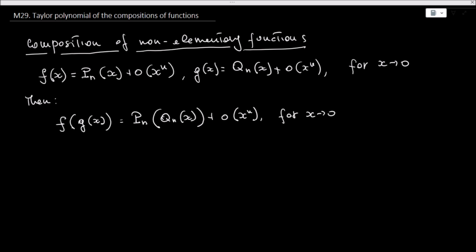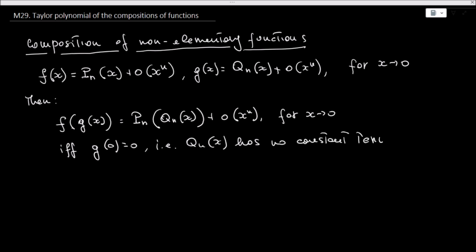However, this is valid if and only if g of 0 is equal to 0. That is, if Qn of x has no constant term. So this is the thing to remember.